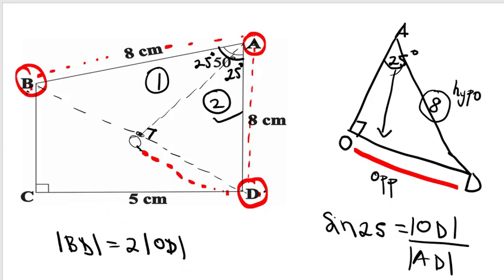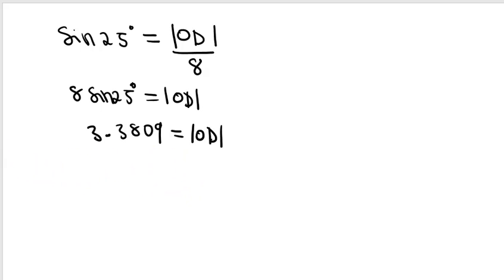Therefore, if you want the magnitude of BD, that is going to be equal to 2 times the magnitude of OD.